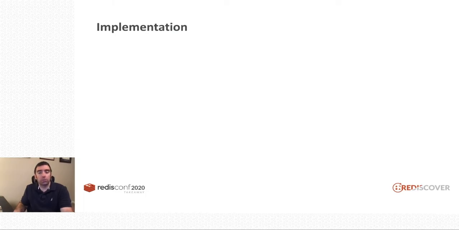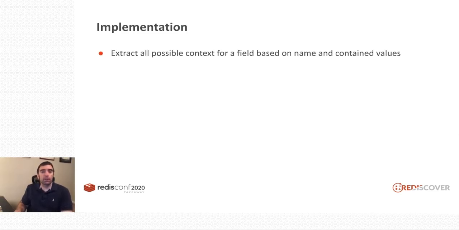So next, we'll get into some high-level implementation details of how we're enabling this. First, we extract all possible context for a field, and we do that based off of the contained values, and we also can try to exploit the header names. We've done a lot of work in building ways to model header names to give context as to what the actual value is.